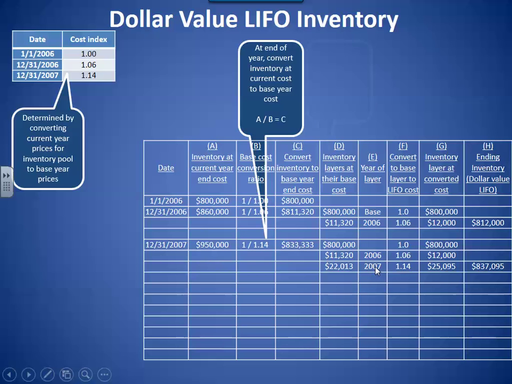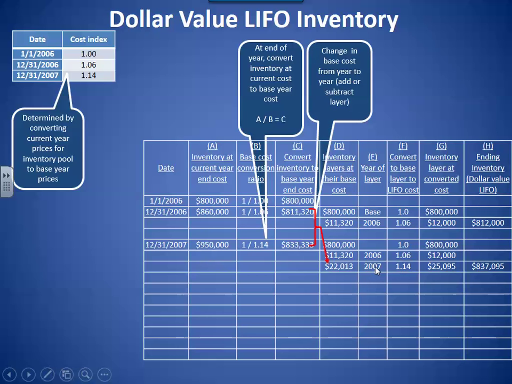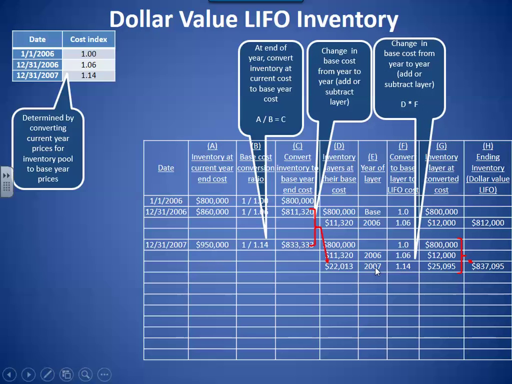Now again, let me catch up with my work here. In 2007, what happens is that we need to convert these base year numbers back to our current year basis to do our LIFO valuation. So we take our $800,000 base year, multiply it times 1, it comes up to $800,000.